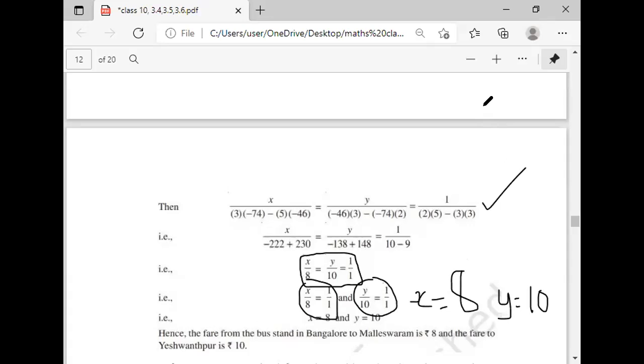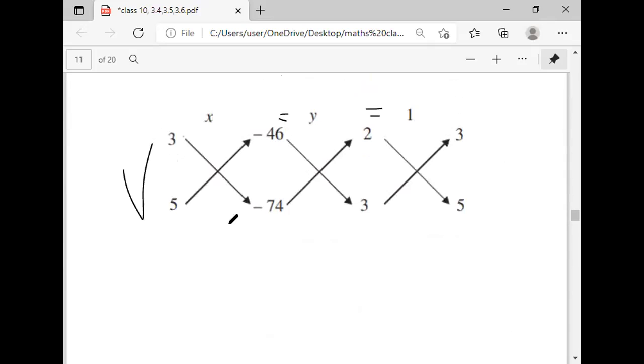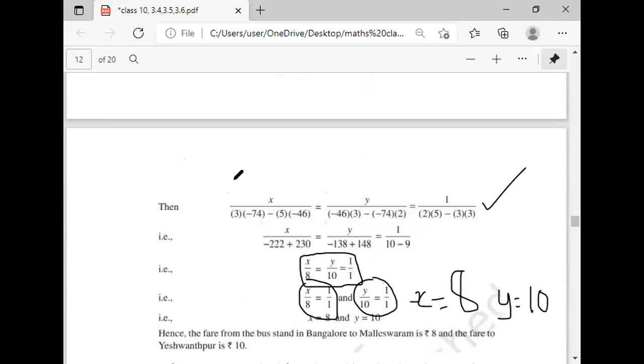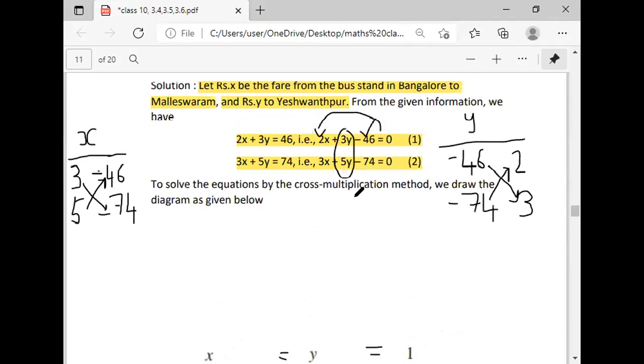That's why I told you yesterday itself, this method is actually very easy. Once you have drawn this diagram, you can do the rest very easily. Just simple multiplications will be there. Of course, we can also solve this problem using the elimination method, or even the substitution method.